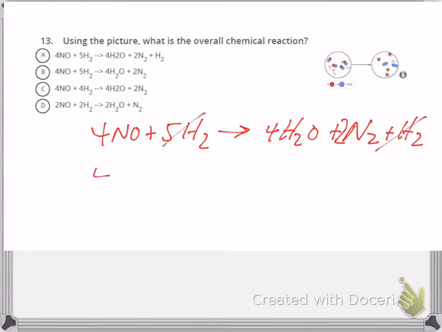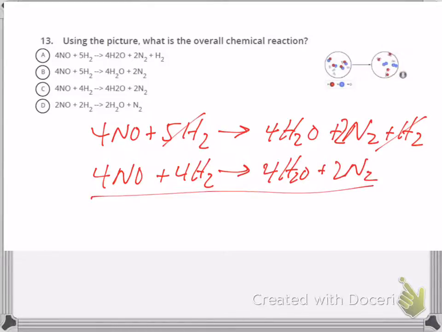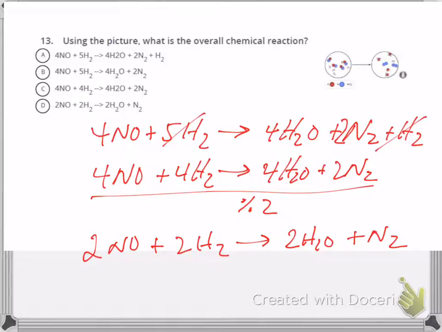So we can subtract the hydrogen that's unreacted from the initial reactants, and we get 4NO plus 4H2 making 4H2O plus 2N2. These have a common multiple of 2, which we can divide out, and we get 2NO plus 2H2 make 2H2O plus N2. So the answer would be D.